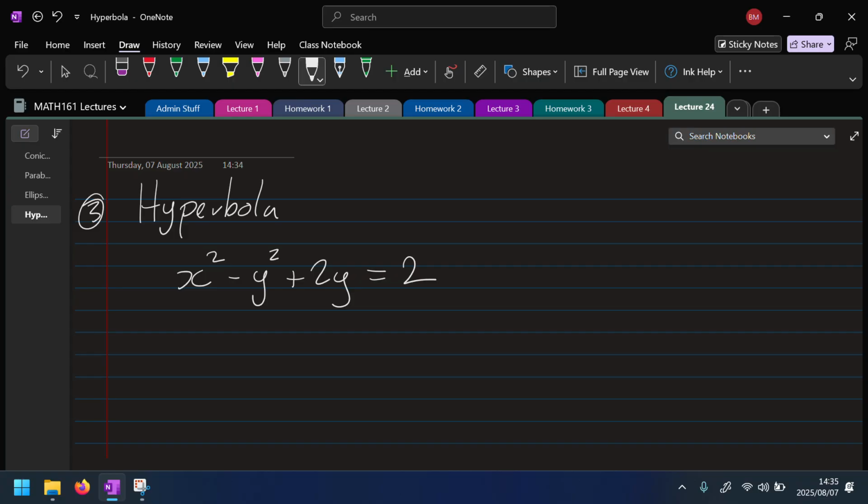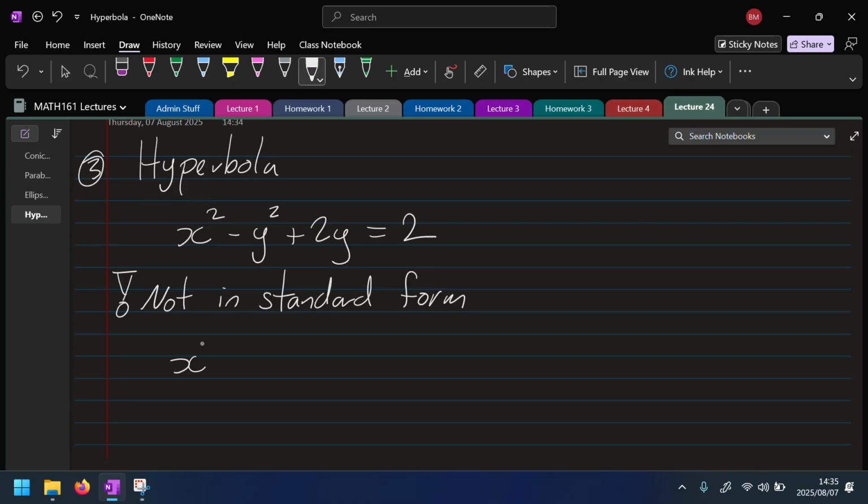Okay, so x squared minus y squared plus 2y is 2. Again, not in standard form. We need to fix that. Firstly, we've got 2 of those y terms. We only want 1, so we need to put those together. So we're going to have x squared minus y squared minus 2y is equal to 2.